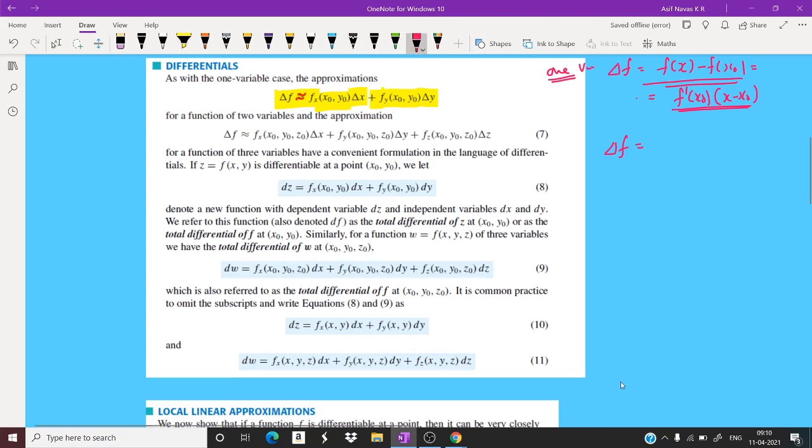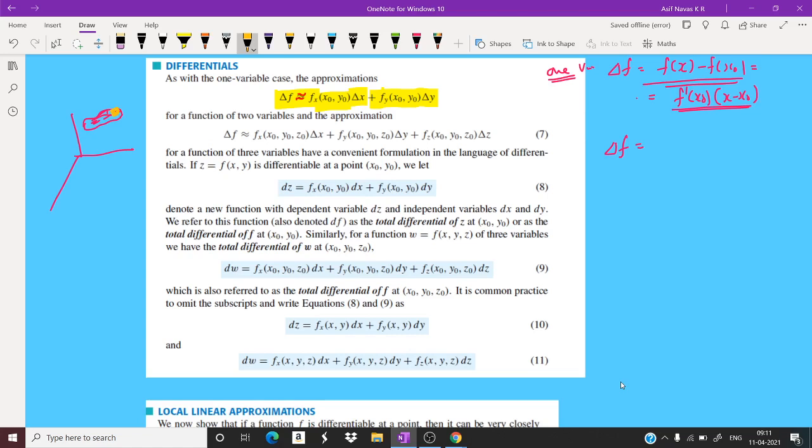So in the two variable case, actually we have a surface. If this is our function, instead of a straight line, here if you take any point and a small portion, that will be something like a plane.